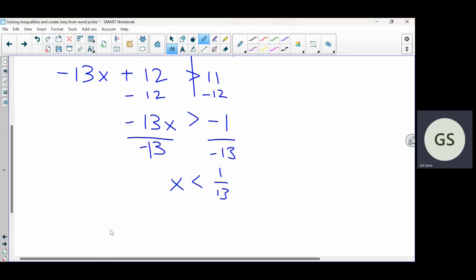We divide by a negative, we have to flip the sign. Forget that. That's kind of a big, I'd say that's a process error, which is a bigger mistake than that.